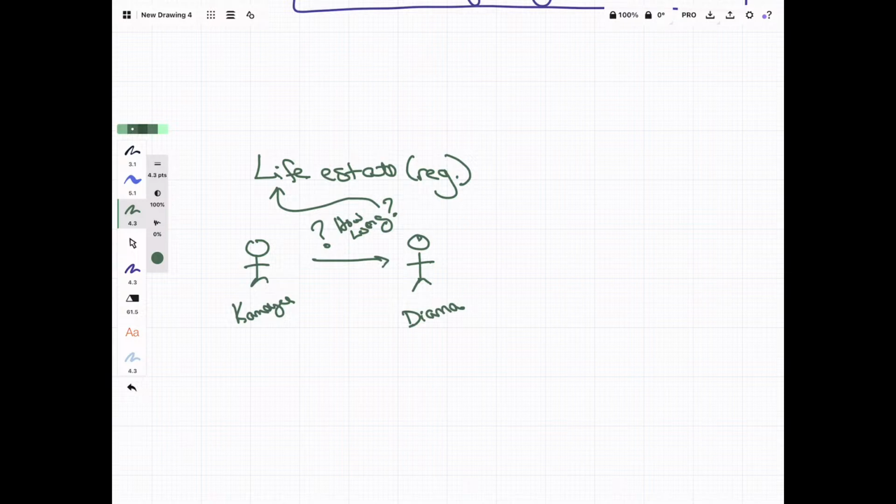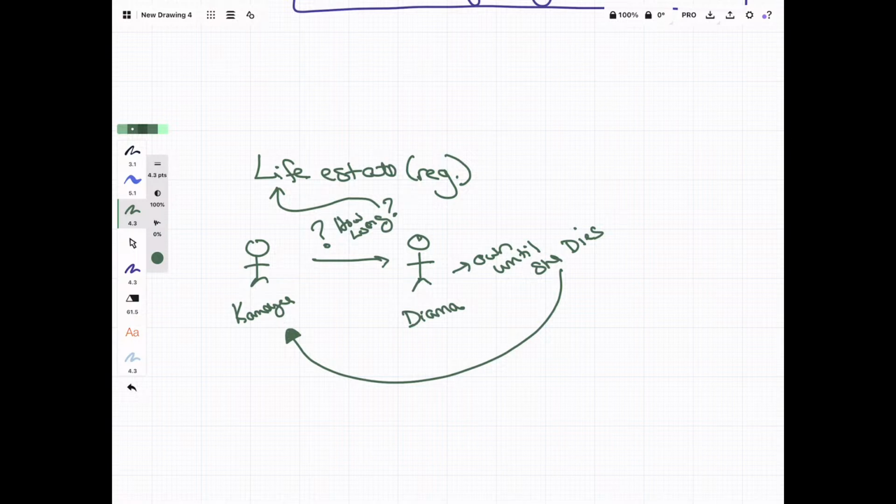So Diana, who can own it, she now owns it. She's going to own it until she dies. And when she dies, ownership comes back to me. That is a life estate.